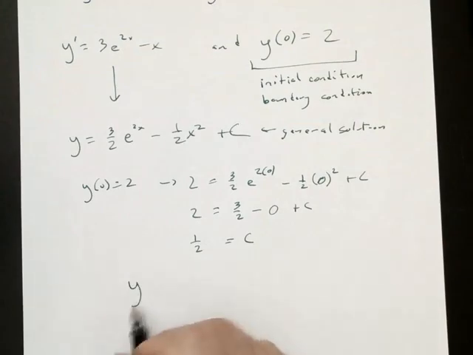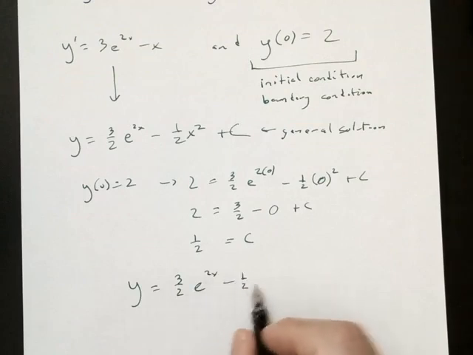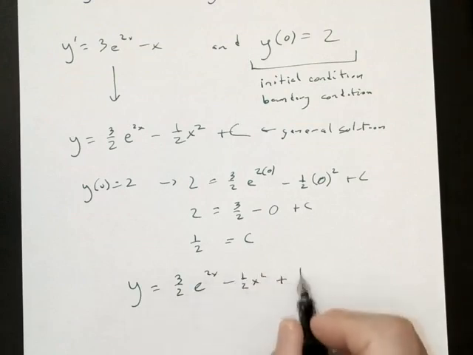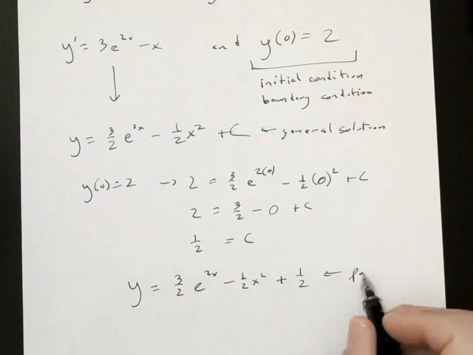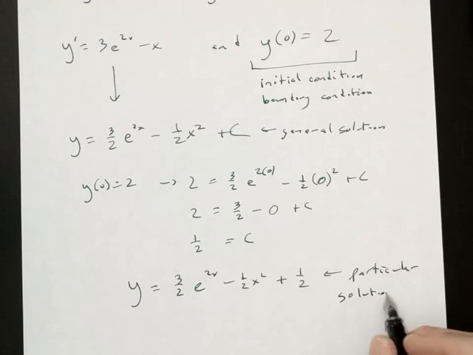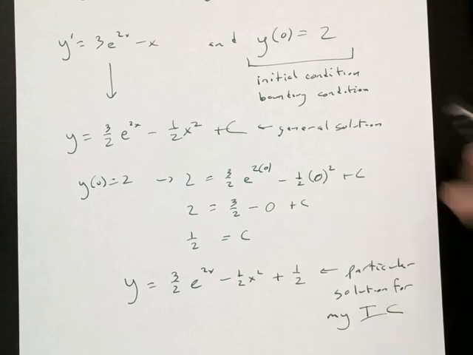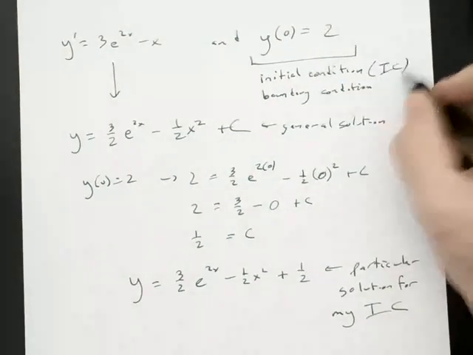And now what I have is a particular solution. And I'll use IC as an abbreviation for my initial condition. I'll actually go back and write that up here, IC.